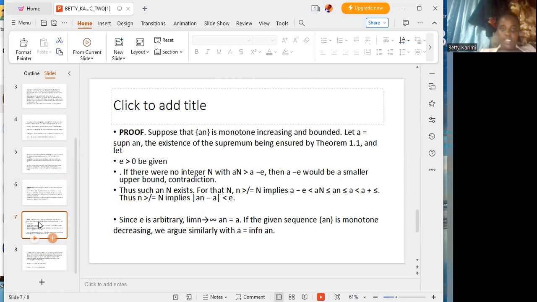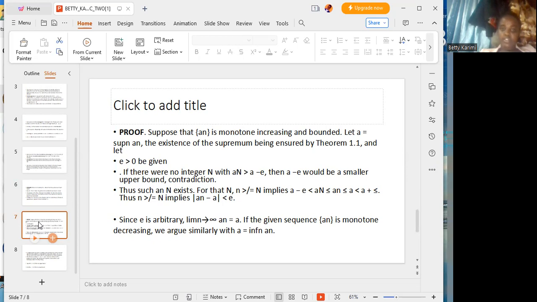We prove this by supposing that (a_n) is monotone increasing and bounded. Let a equal the supremum over n of a_n, the existence of a supremum being ensured by Theorem 1.1, and let epsilon greater than 0 be given. If there were no integer N with a_N greater than a minus epsilon, then a minus epsilon would be a smaller upper bound, a contradiction.